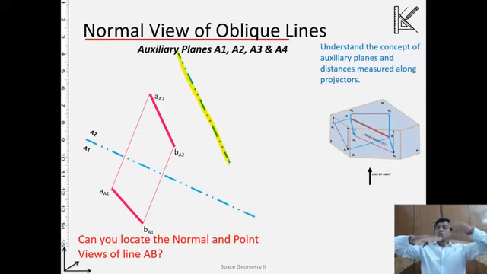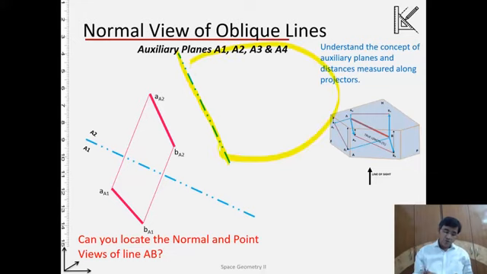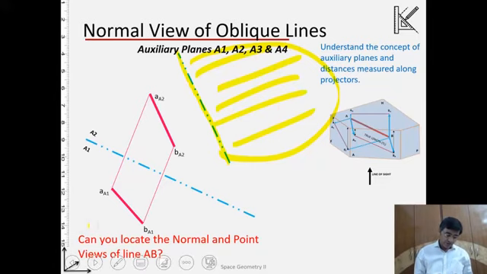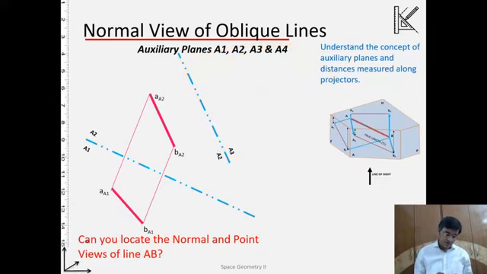So A2 and A3, they will come in same plane. If I open it, that means after opening, this area is of A3. So if I give it the name A3, so this is A3, A2 and A1. Alright, we have identified now auxiliary plane.